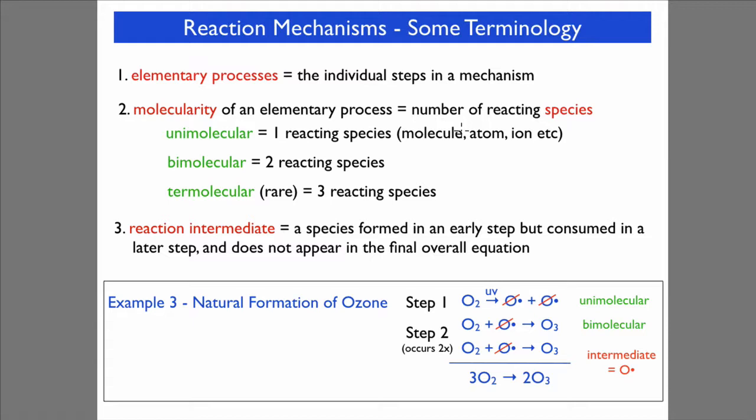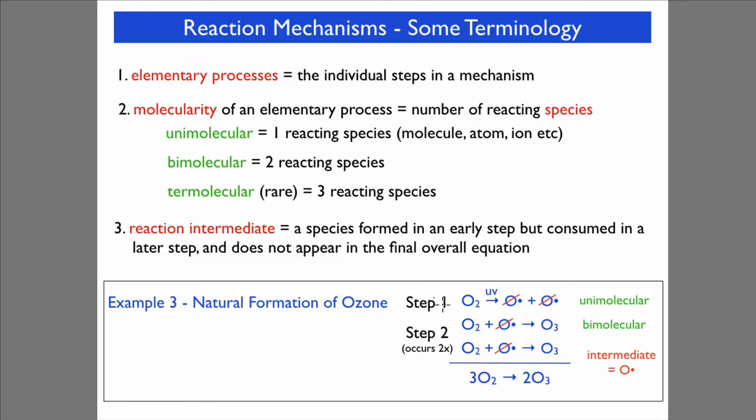Let's have a look at the natural formation of ozone. Step 1, we've got oxygen splitting because of UV light to give 2 free radicals. It's unimolecular because we've only got 1 oxygen molecule involved. In step 2, we've got oxygen and a free radical giving us ozone, and 2 reactants, so it's bimolecular.